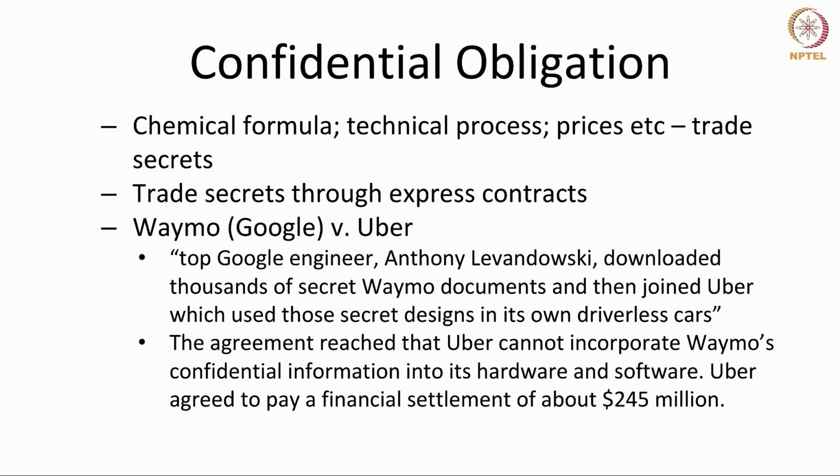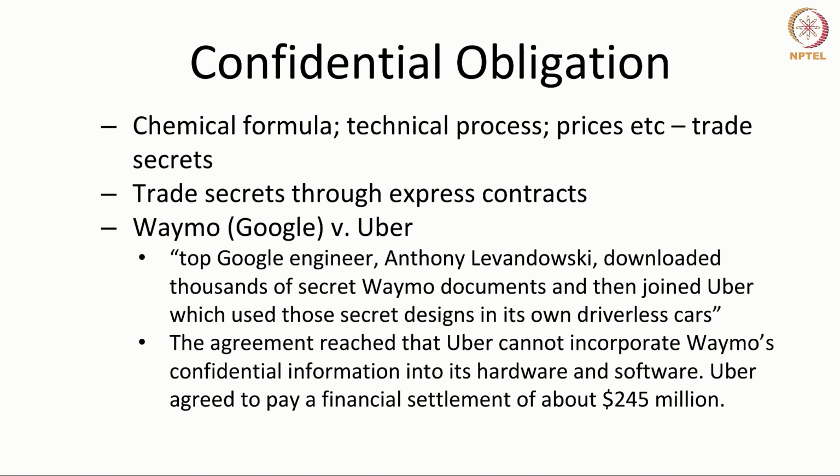There is a recent case involving Waymo, which is a company owned by Google, and Uber. The case involved a top Google engineer who downloaded thousands of secret Waymo documents and then joined Uber, which used those secret designs in its own driverless cars. Both are companies which use driverless technology to develop cars.